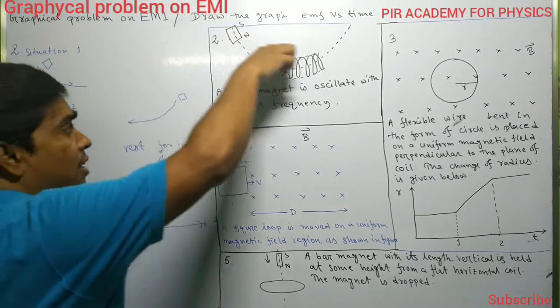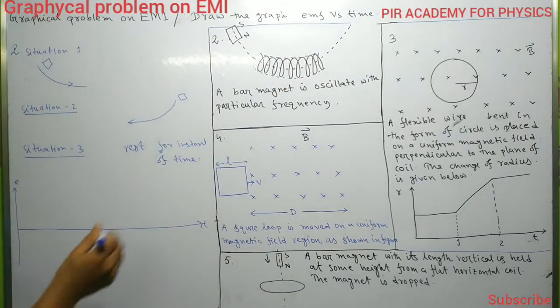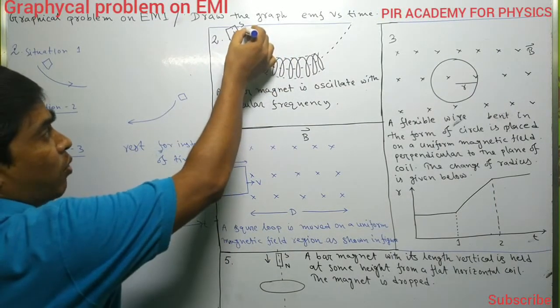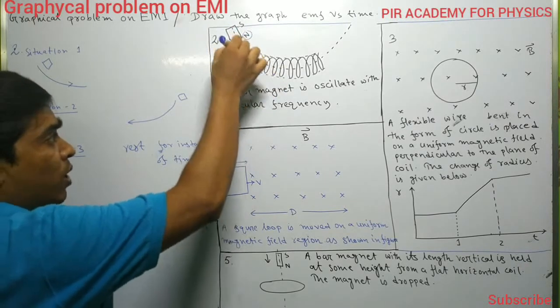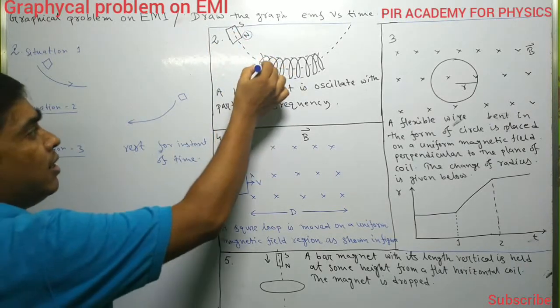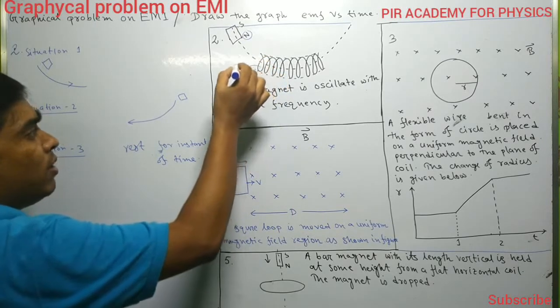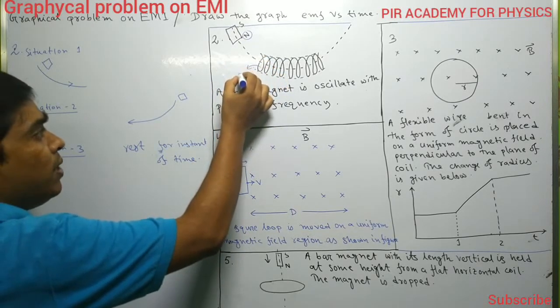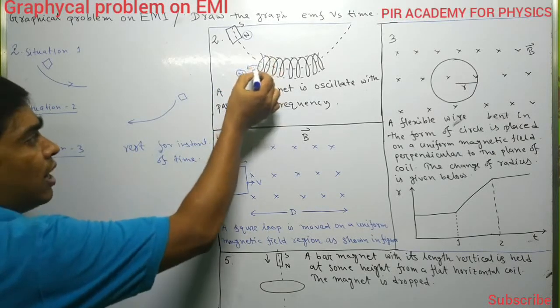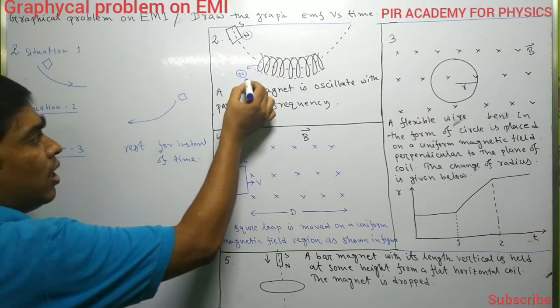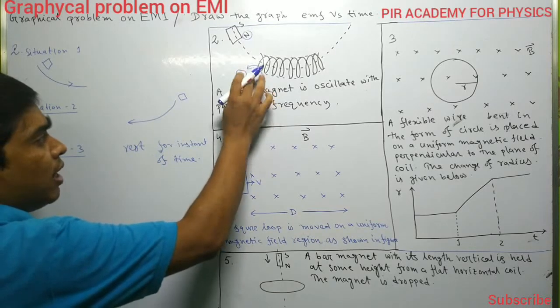For this case, when the north pole is moving towards this face, then this face of this coil must be a north pole. That means the direction of current must be anti-clockwise.